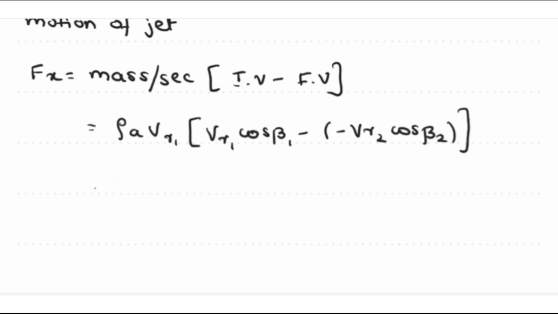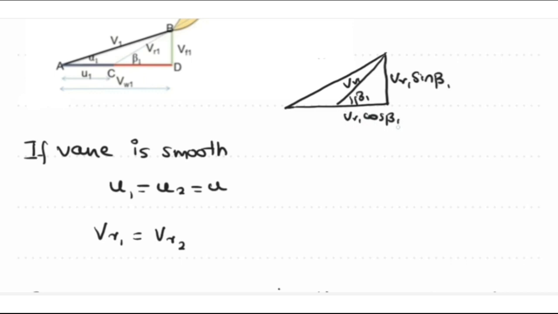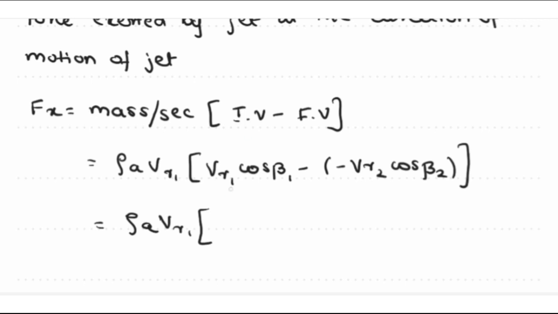So if we solve it, rho into A into Vr1 cos beta 1. What is Vr1 cos beta 1? You can see here, this part is Vr1 cos beta 1, which we can get by deducting U1 from Vw1. So Vr1 cos beta 1 is equal to Vw1 minus U1.